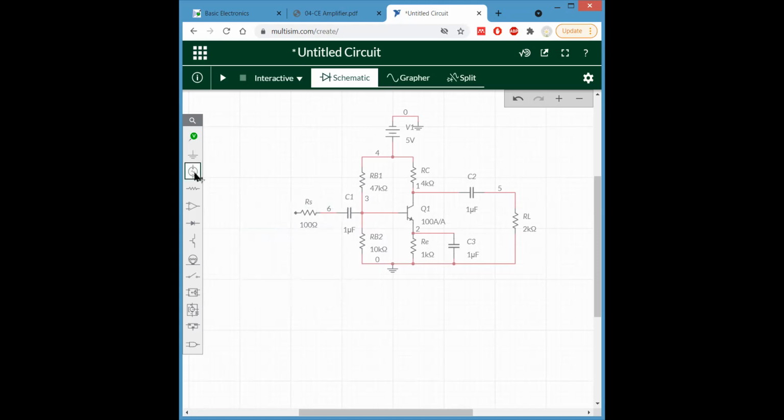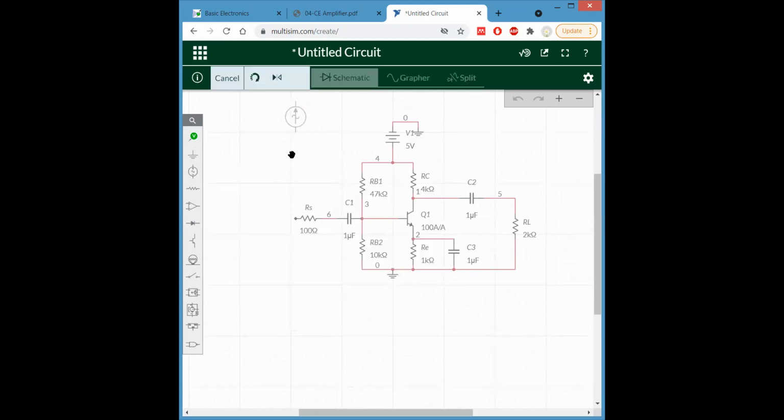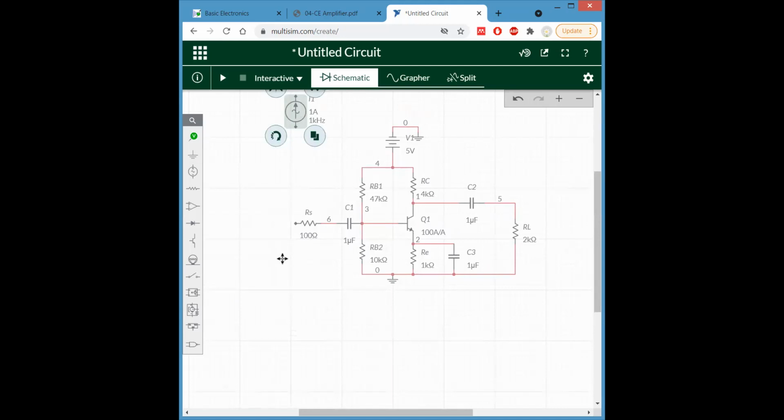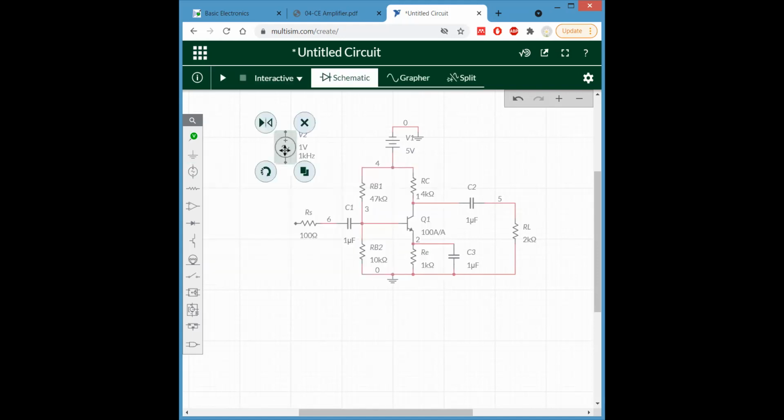Then we have to give a frequency AC source. Sorry, what I have applied is a current source. It should be a voltage source. We cannot use this one; we have to use AC voltage, not AC current.